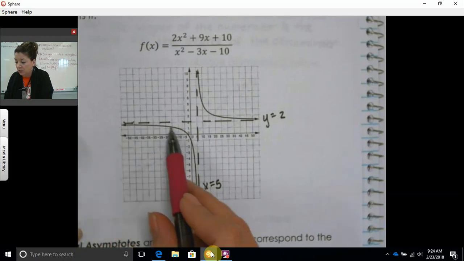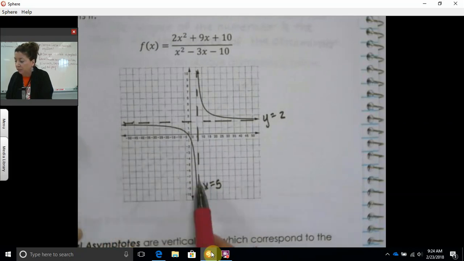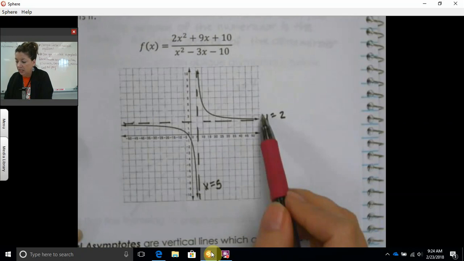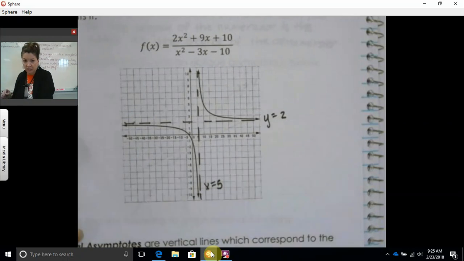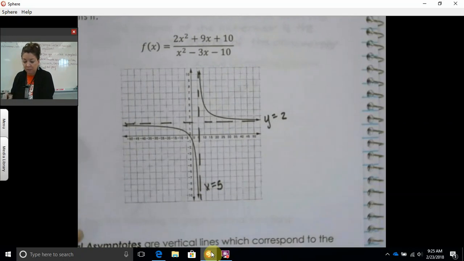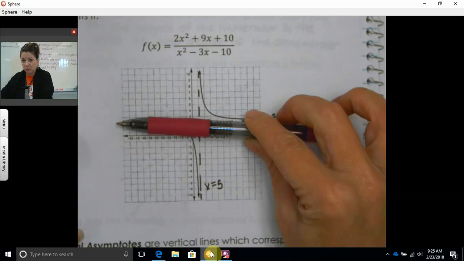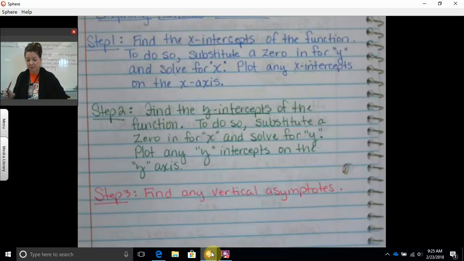And over here, it approaches the vertical asymptote, and it just hugs it all the way down. It just gets closer and closer, but it never touches the asymptote. And then the same thing up here, okay? So that's what an asymptote is. So the first thing we're doing in step 3 is finding vertical asymptotes. Remember, vertical is up and down, and then horizontal asymptotes will be left and right, okay?